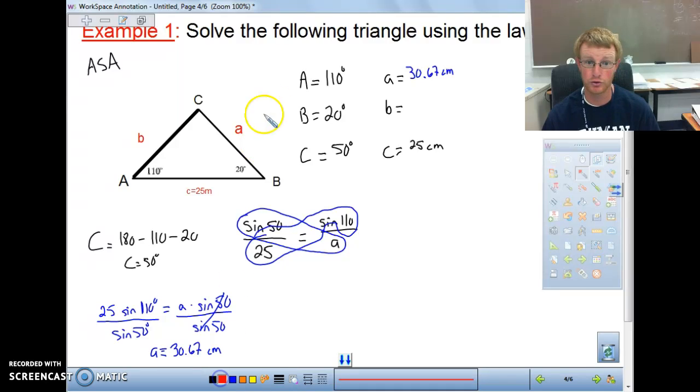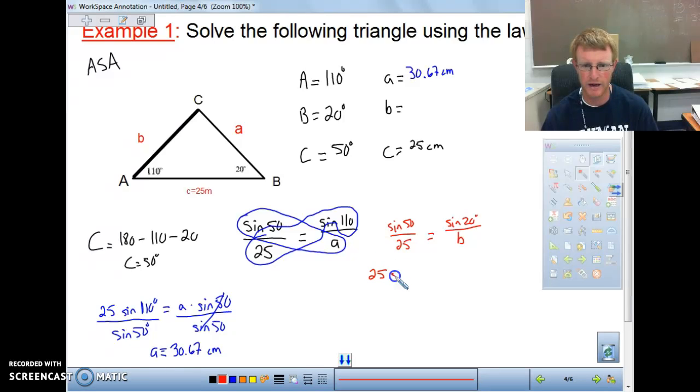And now when we want to do angle B and side B, we do the exact same thing. We're going to do sine of 50 over 25 again equals, and now we'll do the B, sine of 20 degrees over side B, and then we cross multiply again.